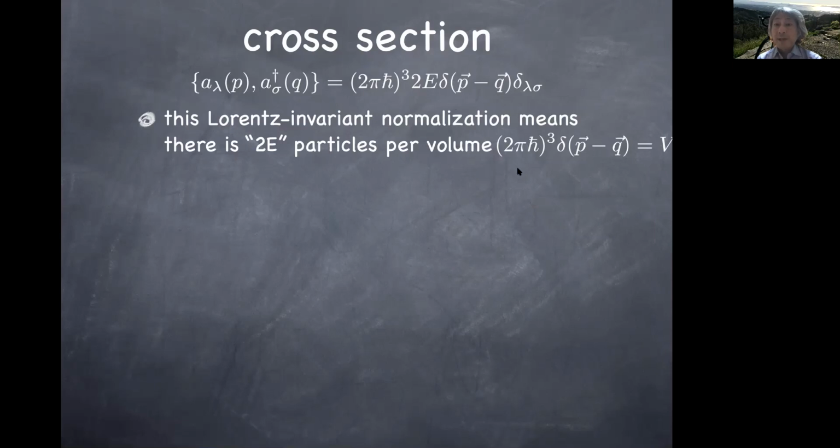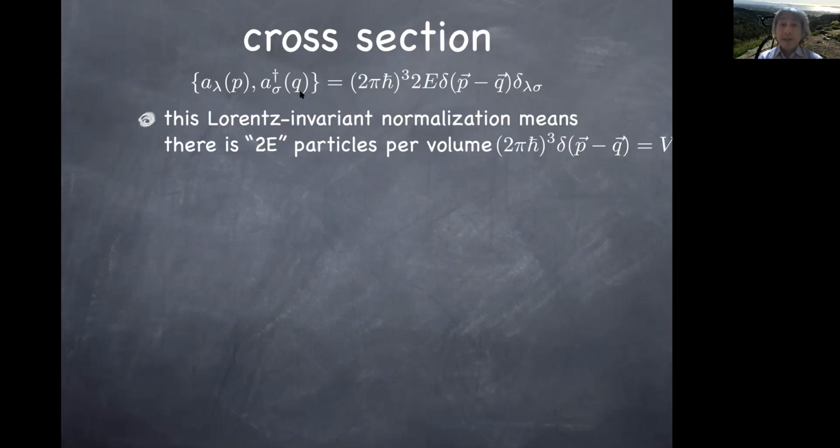And the first thing you identify is that 2 pi cubed delta function in momentum basically has the meaning of space volume. You may remember this from Fermi's golden rule, where delta function in energy times 2 pi h bar could be replaced by the time interval. And that's how we obtain the probability of transition per unit time. In the same way, the delta function in spatial momentum with 2 pi h bar cubed has the meaning of spatial volume.